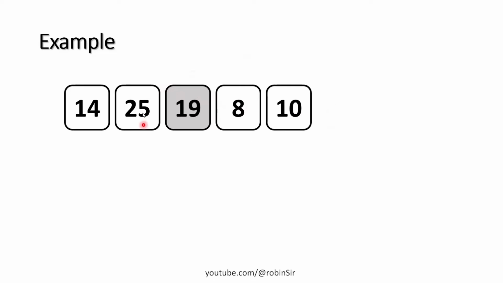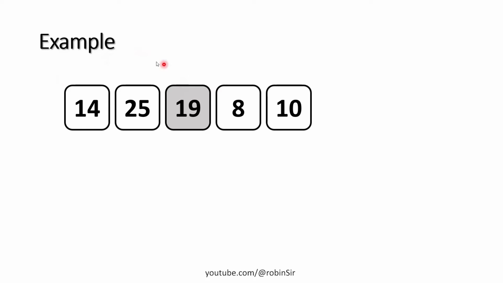From the unsorted region, we pick 19 now. 19 is compared with the elements present before it. Firstly, 19 is compared with 25, and we realize that 19 should be placed on the left of 25 because 19 is less than 25. Then 19 is compared with 14, but 14 is less than 19, so we don't need to go any further.